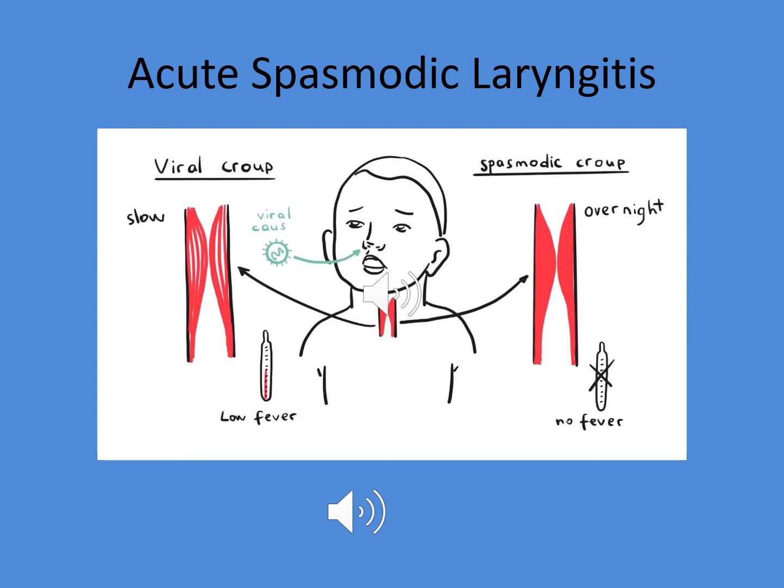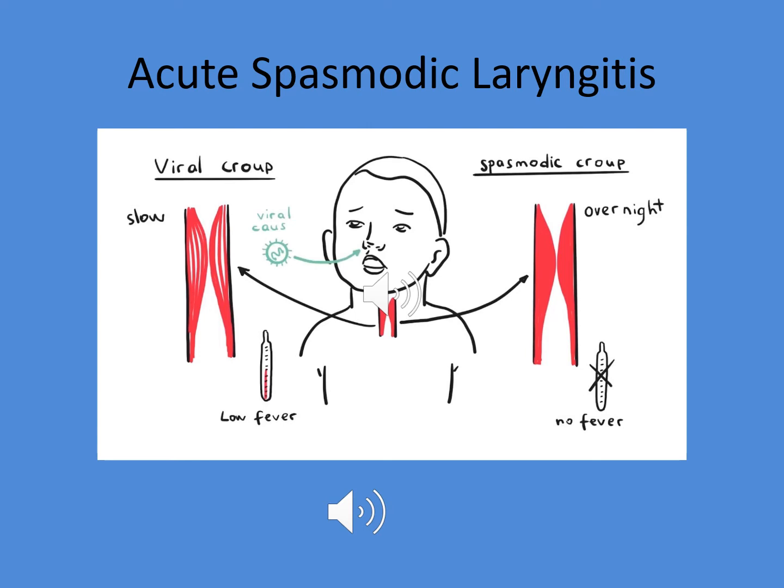Varies per child, but the best thing we actually tell them to do for home management is just sudden exposure to cold air. So take these kids out into the cold night air, let them breathe in that cooler air. That'll help reduce the laryngeal obstruction that's occurring, as well as slow those paroxysmal attacks of the laryngeal obstruction.